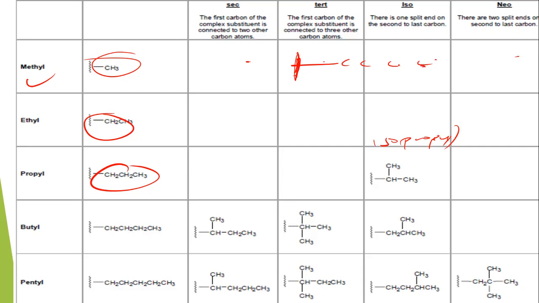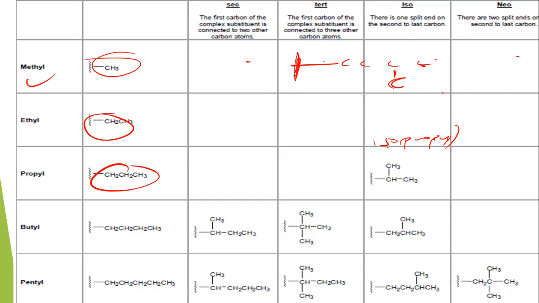So this is the last carbon, and this is the second to last carbon. If there's a single split here, then it's iso, right? Good. So if there's a split, it is iso.